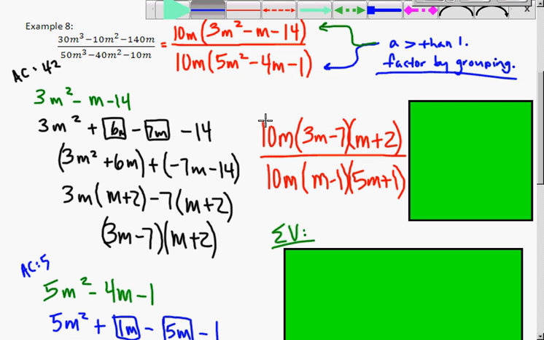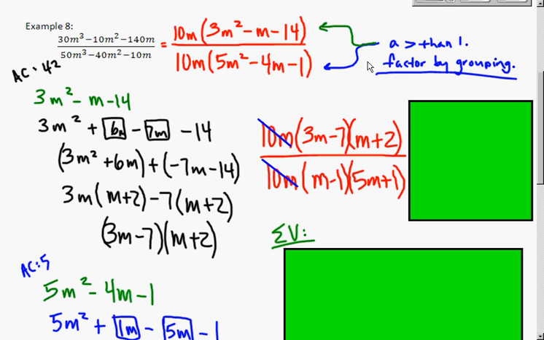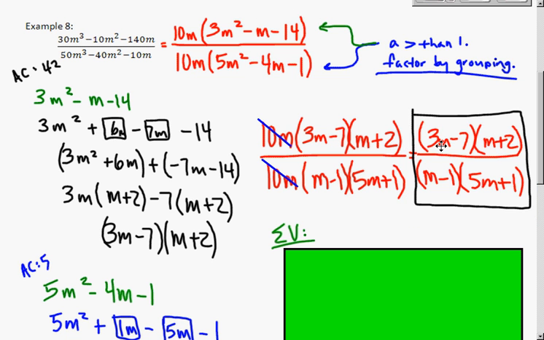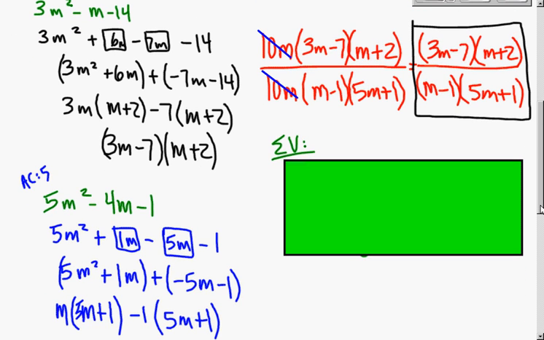In this problem, we can take out 10m out of both numerator and denominator. Nothing else you can factor out, so you're left with 3m minus 7 and m plus 2 in your numerator, and m minus 1 and 5m plus 1 in your denominator. You have to find out your excluded values.